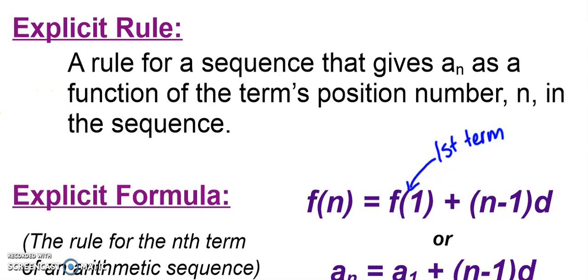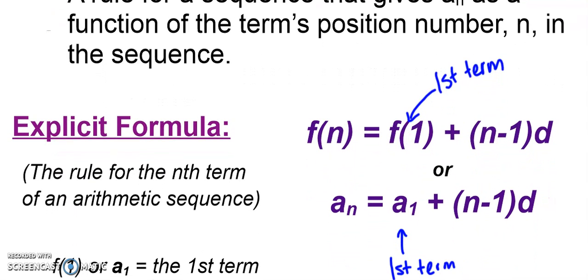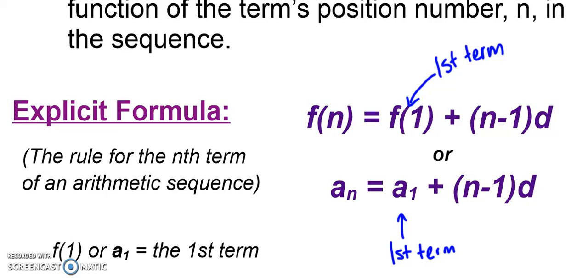So the way we use the explicit formula is you do need the first term, and you need to know what the difference is. So we at least need to know what number we're starting with, and we need to know what number we're adding on each time. And then we can build this explicit formula.